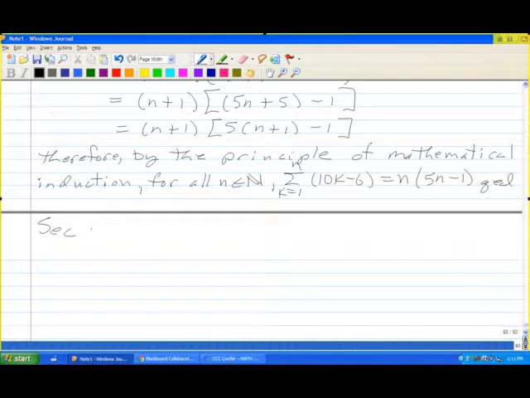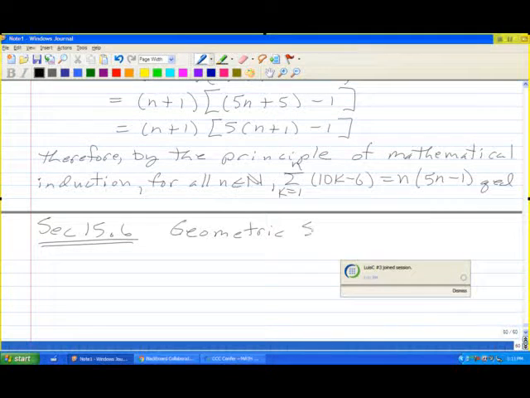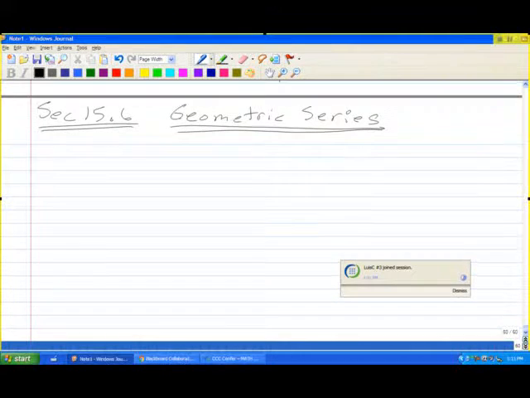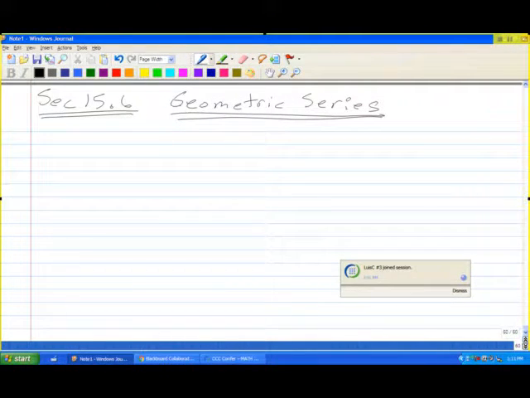Section 15.6, Geometric Series. So, if you recall from the last section, an arithmetic series was a series where the individual terms that you're adding were from an arithmetic sequence.